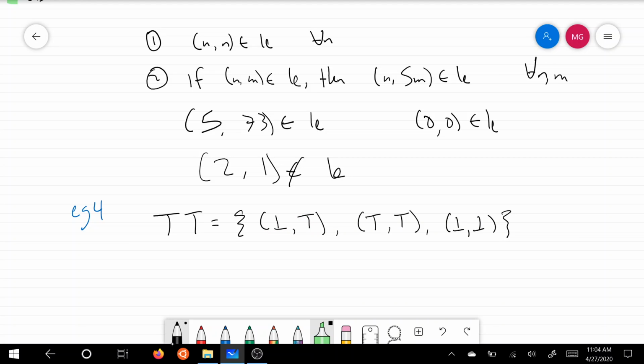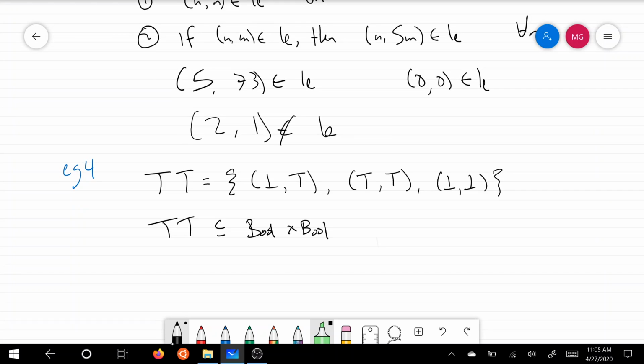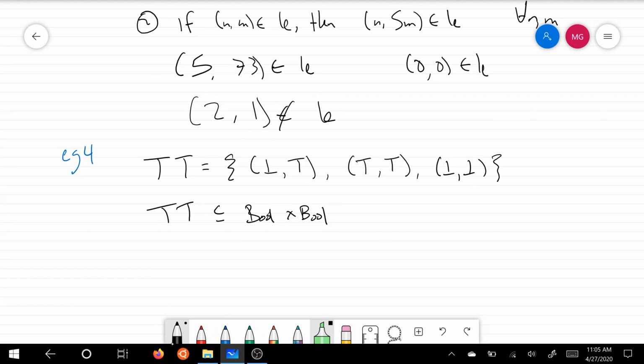So TT, if we wanted to write its type, is a relation on bool times bool. Okay, I've called it TT because it's in a certain sense a truer than relation, right? It's kind of like less than or equal to on Booleans, right? It's reflexive. We'll talk about all these relational properties in a later video, but everything's related to itself. But then also false is in some sense less than T. So T is truer than false. Okay. Though really a better name would be less true than, right, if we're reading it from left to right. In any case, that's the truer than relation.